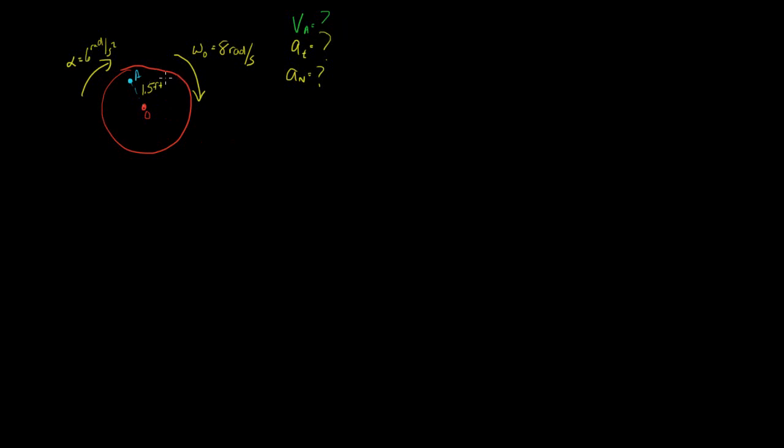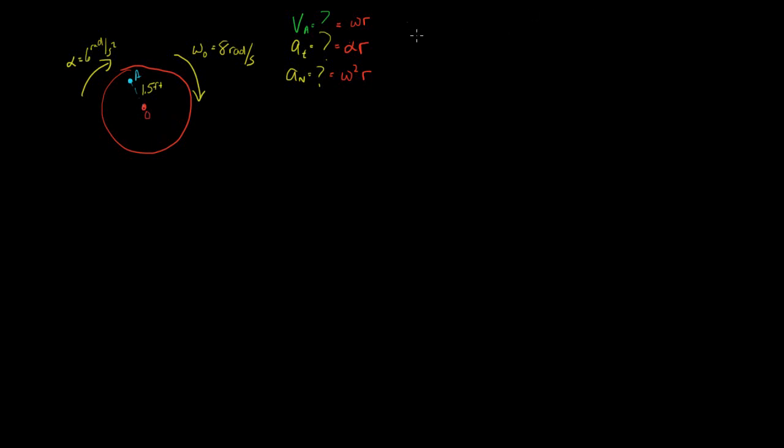So if we look at what the velocity of A is, we know we have this equation: v is going to be the angular velocity times r. Our tangential acceleration is going to be the angular acceleration times r, and our normal acceleration is going to be the angular velocity squared times r. And of course, r is the distance that the point we're looking at is from the rotating axis.